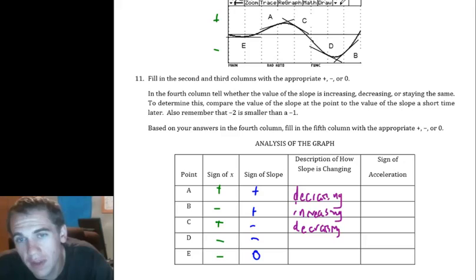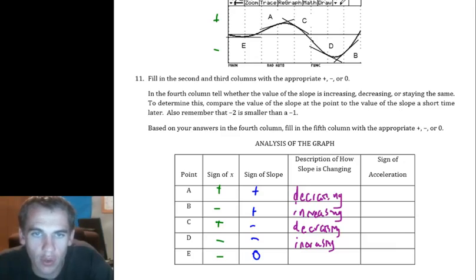It's gonna get a little bit flatter, it's gonna get less steep, but it's gonna do it in an increasing way because the slope is becoming more positive or less negative, however you want to look at it. E, sort of the same thing. It's 0 right now. If we move a little bit further right, it'll slope up, so that's increasing.